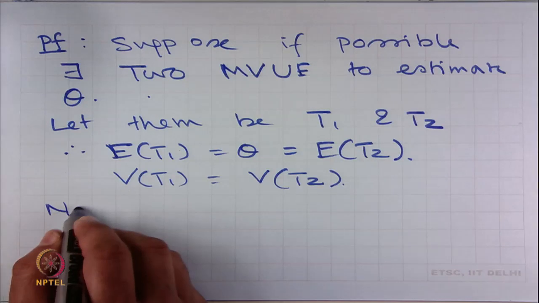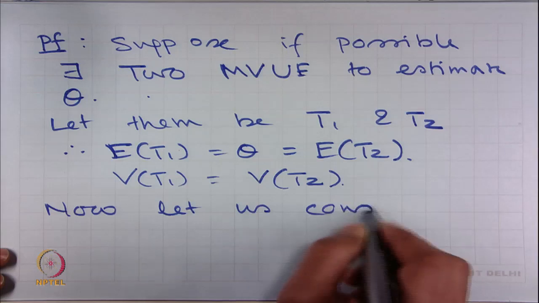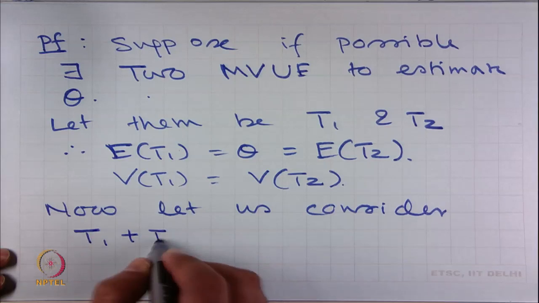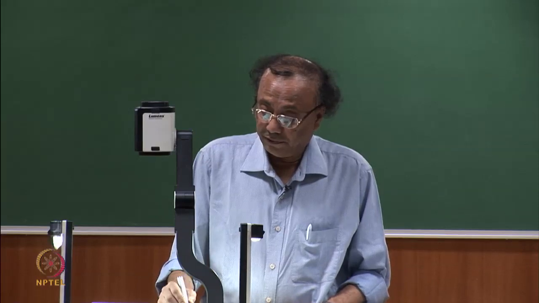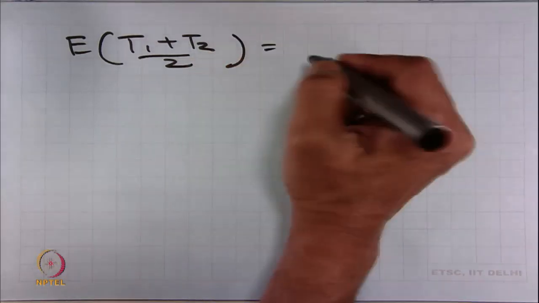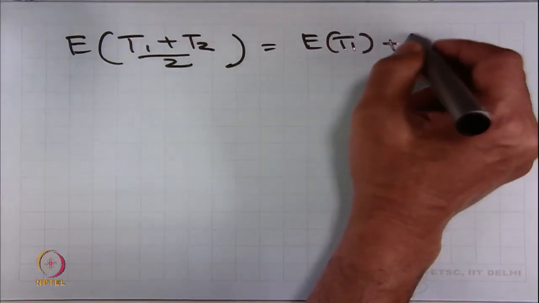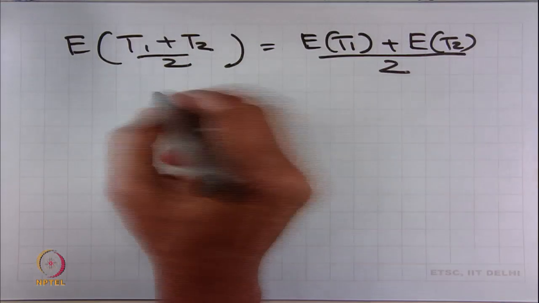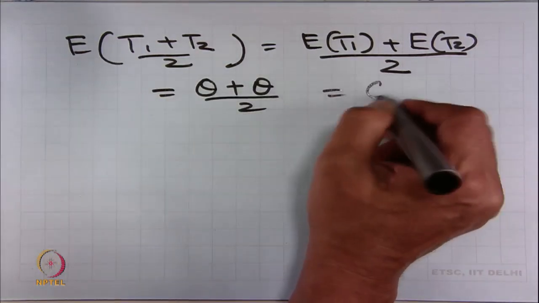Now, let us consider T1 plus T2 by 2. Expected value of T1 plus T2 by 2 is equal to expected value of T1 plus expected value of T2 upon 2, by linearity of expectation, which is equal to theta plus theta by 2, equal to theta.